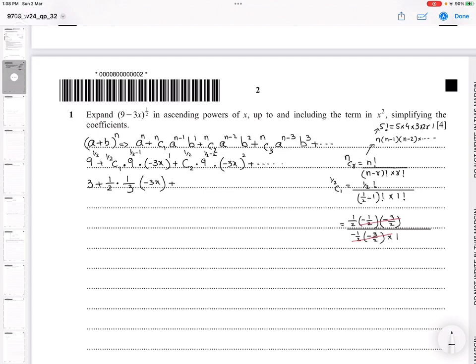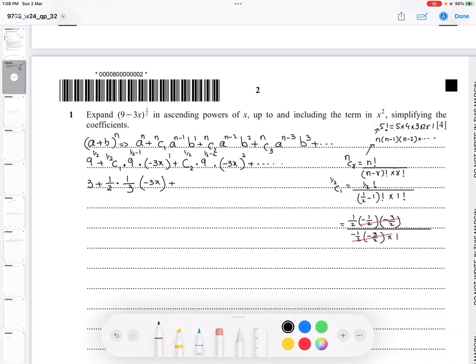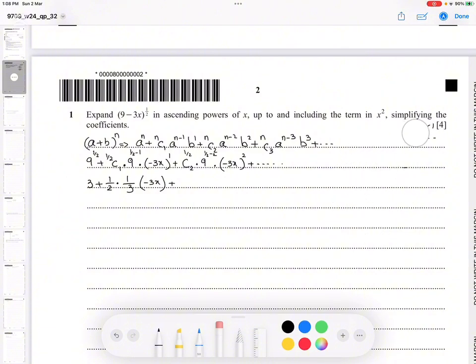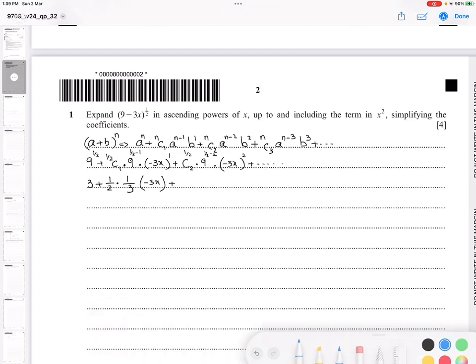Plus, now you can work with 1 over 2 C2. So let me erase this so that we have enough space. So 1 over 2 C2.